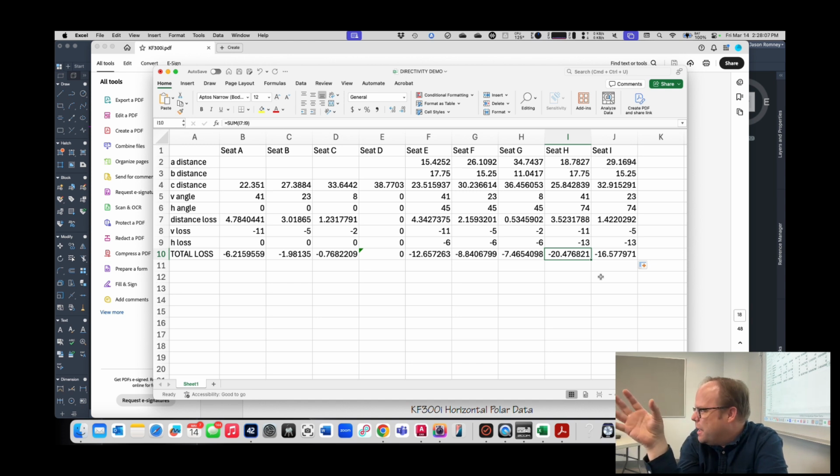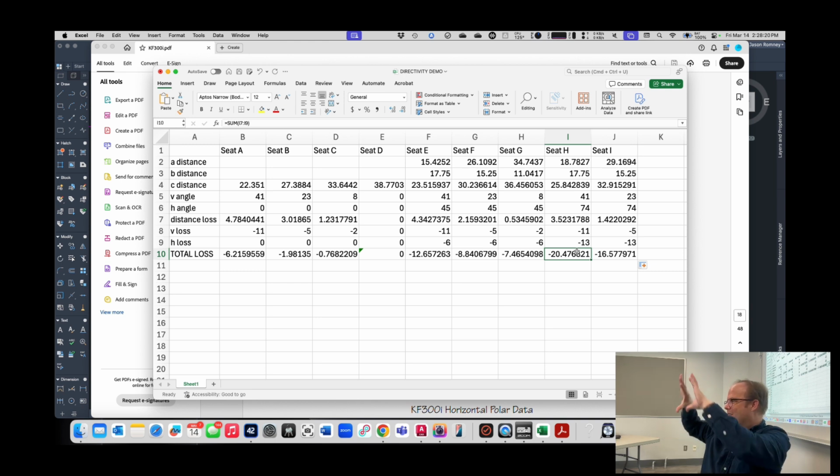Now, it's not actually that bad, because what we're doing is we're summing the vertical and horizontal loss, and in reality, this is emanating spherically, so it won't be quite that bad, because we're just summing those 2 extremes, and really it's going to be somewhere in between when you find that spot where it actually hits. But that's the information we have, so that's what we have to work with. So it's probably not going to be quite that bad, but I've got a whole lot of seats that are more than 6 dB.